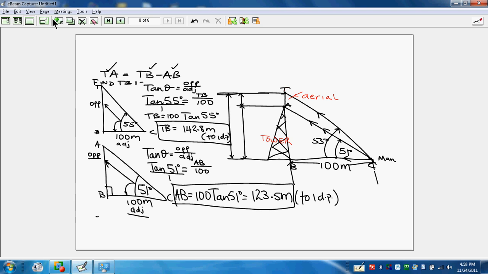So we simply find, therefore, TA, which is equal to the height of the aerial, will be equal to TB, which is 142.8, minus AB, which is 123.5.